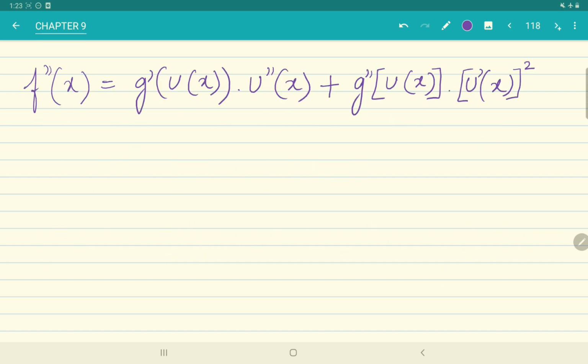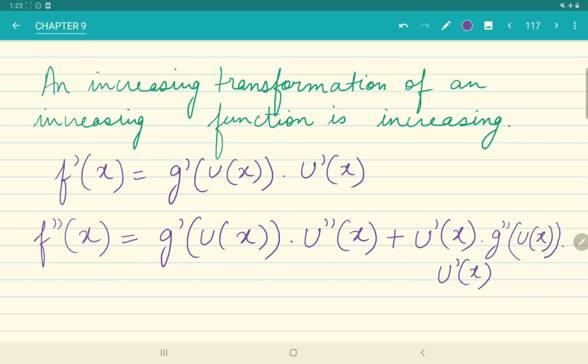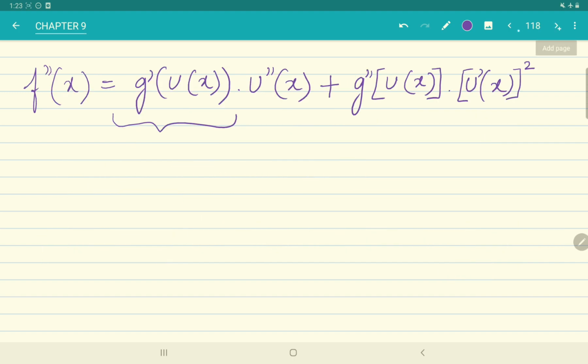And now we have to take a look at what this is. I know that both u and g are increasing and concave. That just means in this case I know that this is greater than 0, and this I know is less than equal to 0.